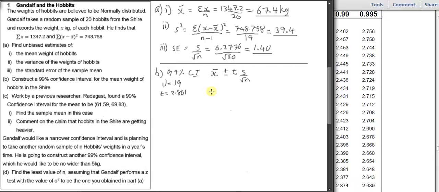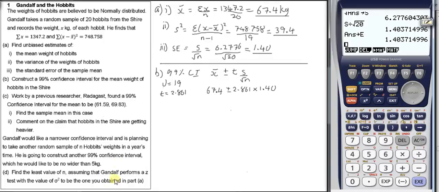So the confidence interval is going to be 67.4, only I'm going to use my exact value, plus or minus 2.861 times s over root n, which is 1.40. Again, I'm going to use exact values there, so just get my calculator up.